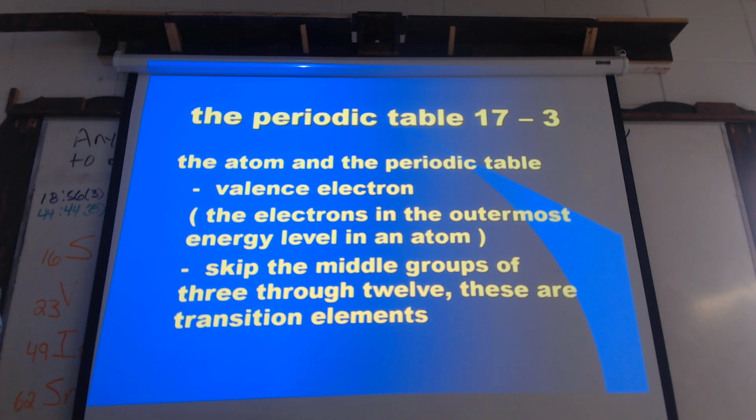Because that column number will tell you how many valence electrons, and why are these so important in the outer energy level? What do they do? It's the reactivity. That's right.